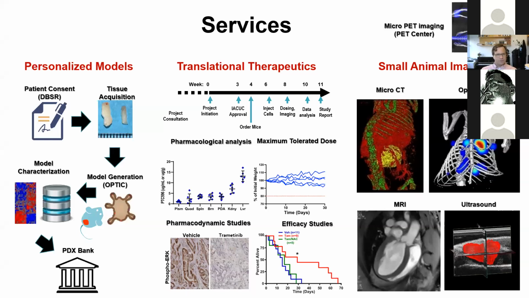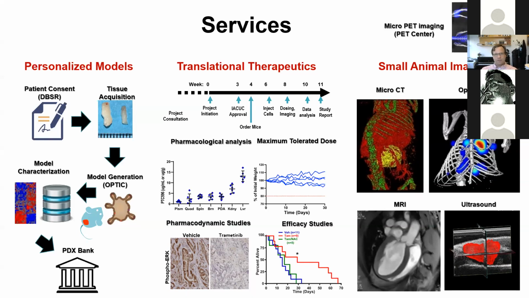But just to very quickly touch on translational therapeutics in this one slide, the idea here is that there are many laboratories whose main focus is not running and utilizing the most sophisticated animal models out there or any animal models whatsoever. And so nevertheless, we want to make it possible for users to perform gold standard translational therapeutic studies.